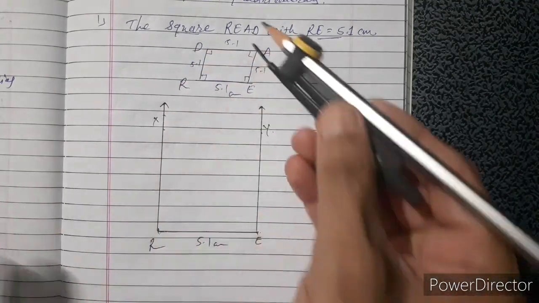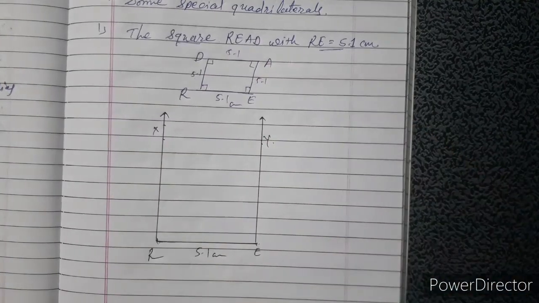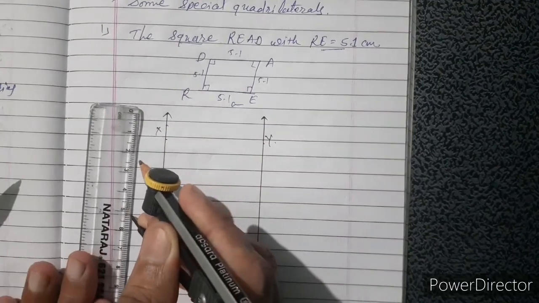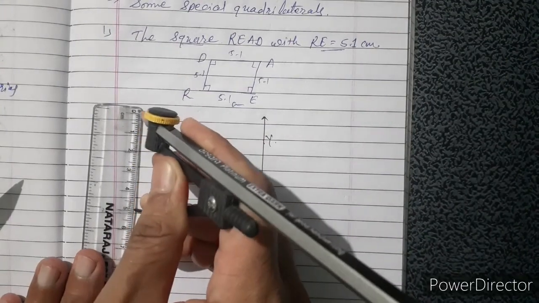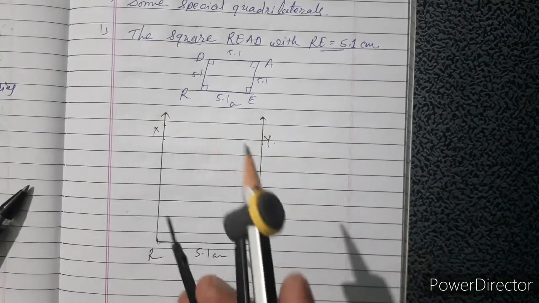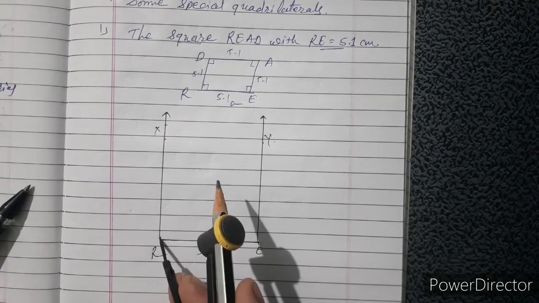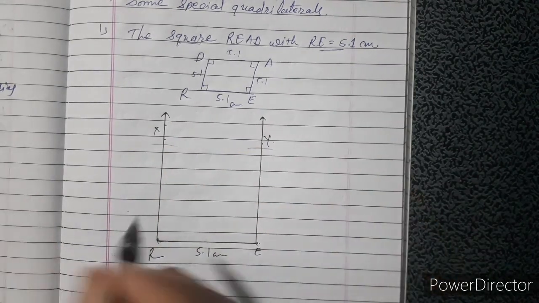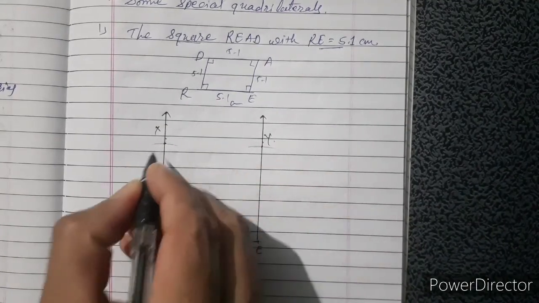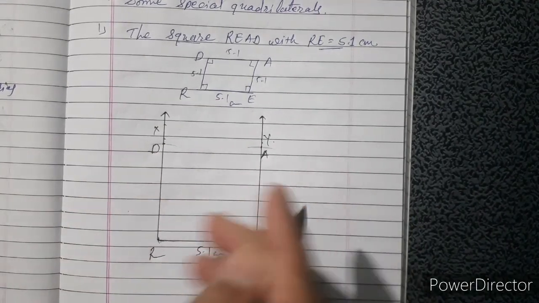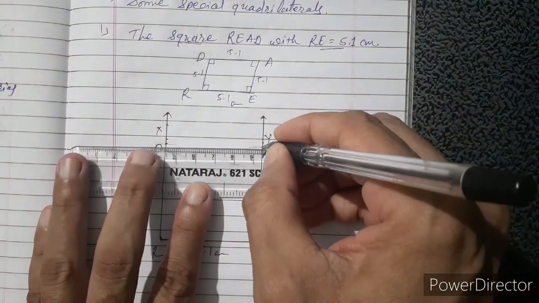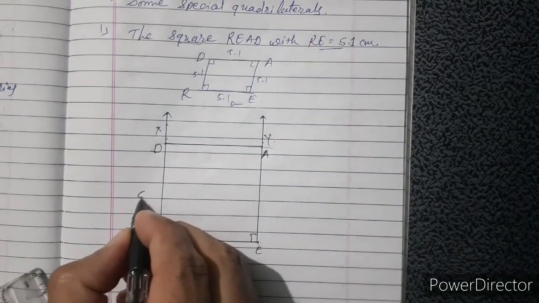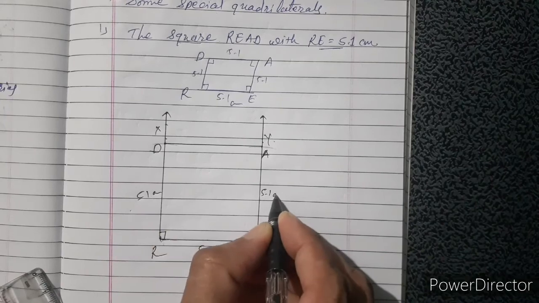Then what to do? Look, these two sides are both 5.1 centimeter. So take a 5.1 centimeter radius with the compass and draw an arc from R, same from E. Write down the intersecting points as point D and here A. Then join D and A. These two angles are 90 degrees and these sides are 5.1 centimeter, 5.1 centimeter.